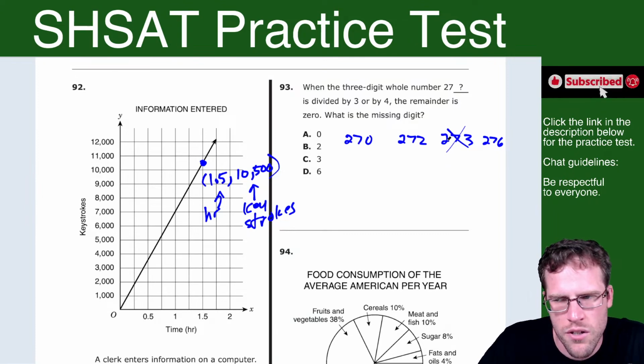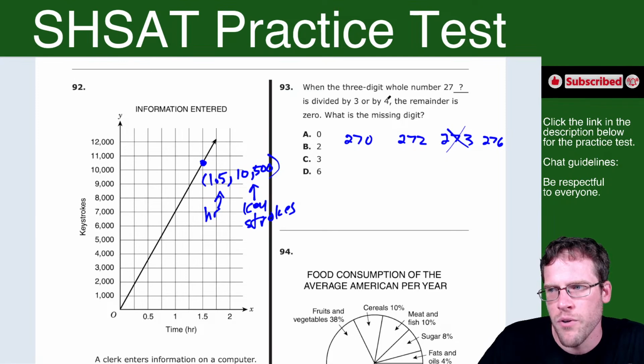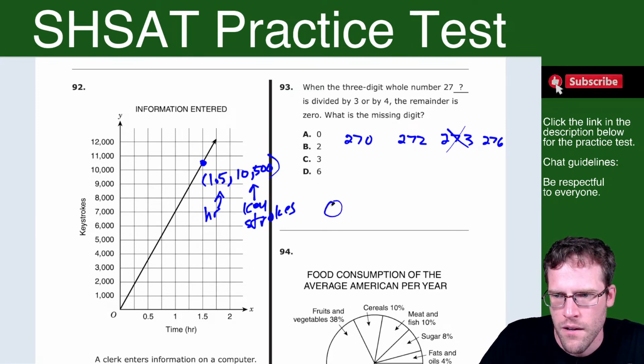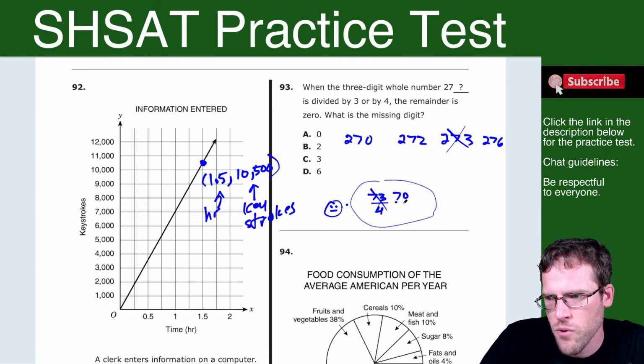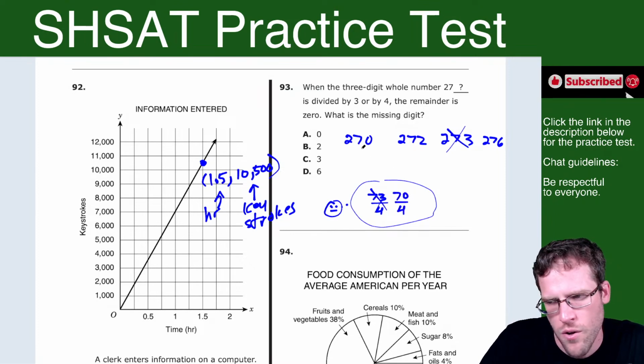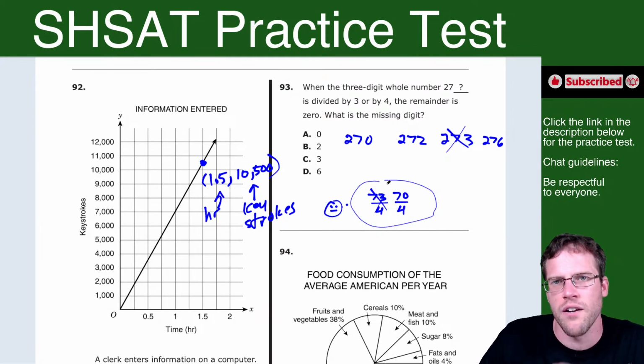All right, you could even do the long division if you want, but remember, for a number to be divisible by 4, look at the last 2 digits. So I'm like, oh, 73 divided by 4? Nope. 70 divided by 4? No, that's not divisible by 4. Remember, you could always divide a number by 2 twice.